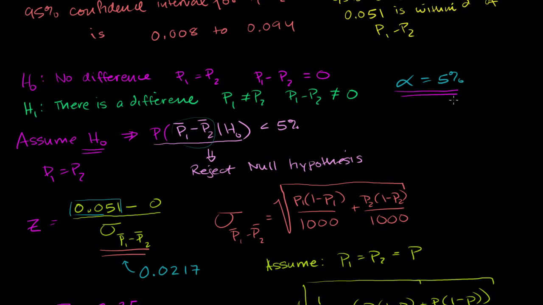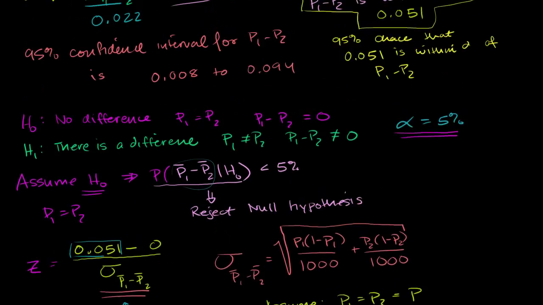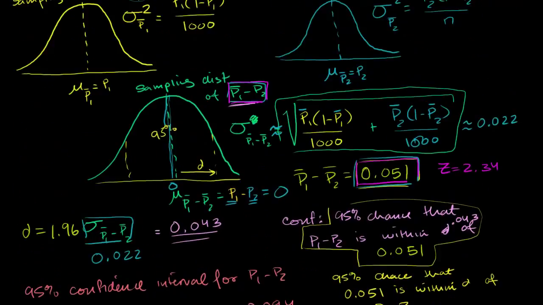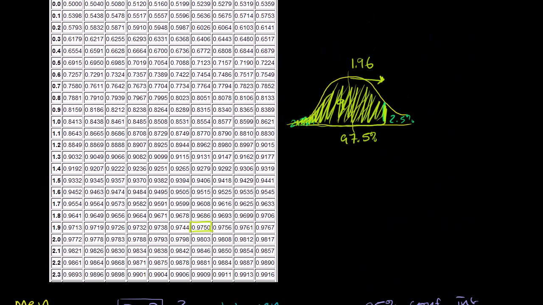And to see that, let's see the minimum z-score we need to reject our hypothesis. So let's think about that a second. I'll go back to my z table. We want to have a significance level of 5%, which means the entire area of our rejection, the entire area in which we would reject the null hypothesis, is 5%.